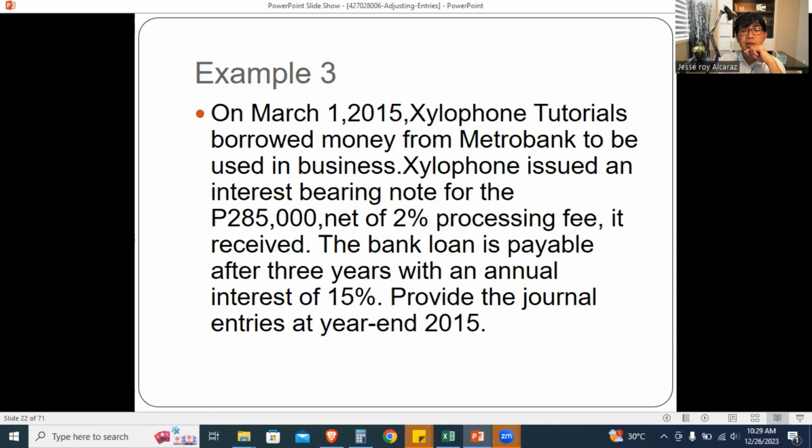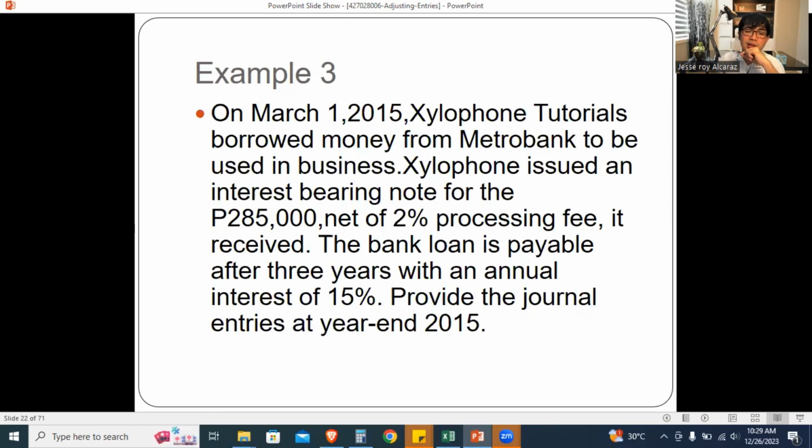And then on March 1, 2015, Xylophone Tutorials borrowed money from Metrobank to be used in business. Xylophone issued an interest-bearing note for the 285,000 net of 2% processing fee it received. The bank loan is payable after 3 years with an annual interest of 15%.